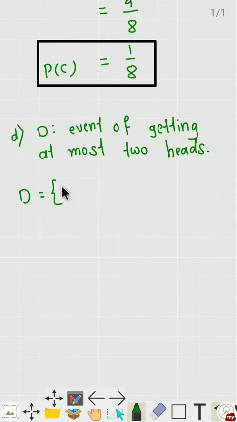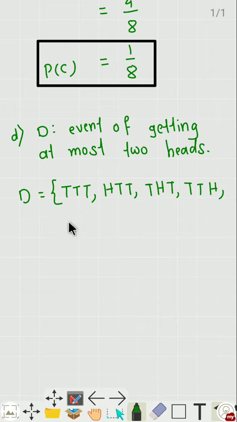So no head means all tails. One head means head, tail, tail; then tail, head, tail; tail, tail, head.